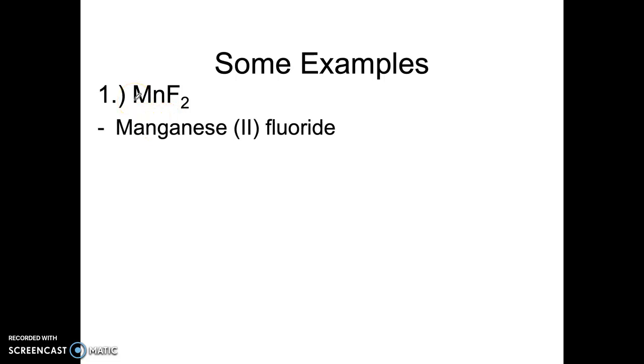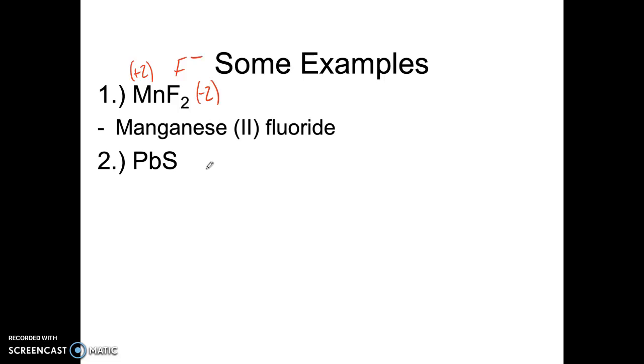This would be manganese 2 fluoride. Okay, how do we know it's 2? Okay, we know that fluorine has a charge of -1, and there are 2 of them. So we know the total charge on this side is -2. So to balance it out, this has to be a +2, and that's why it has this 2.